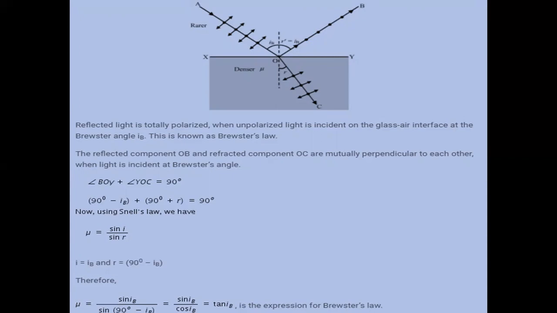When I is equal to IB, R must be equal to 90 degrees minus IB. So we replace the R, we get sin IB by cos IB, which is tan IB. So we can prove that mu is equal to tan IB, which is Brewster's law.